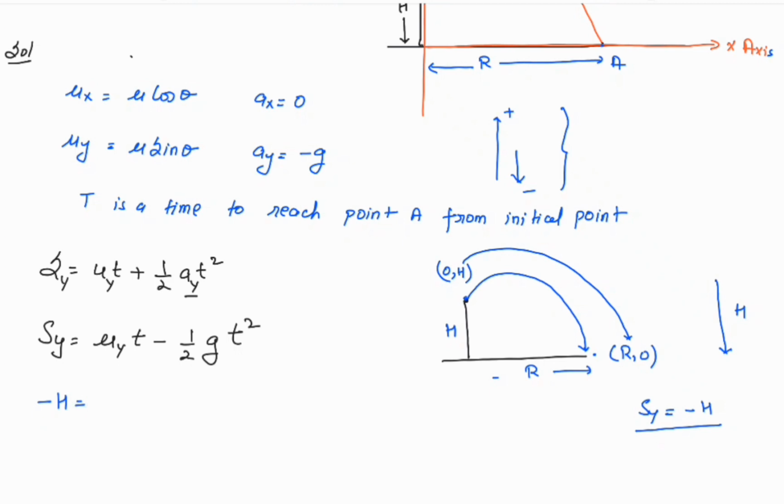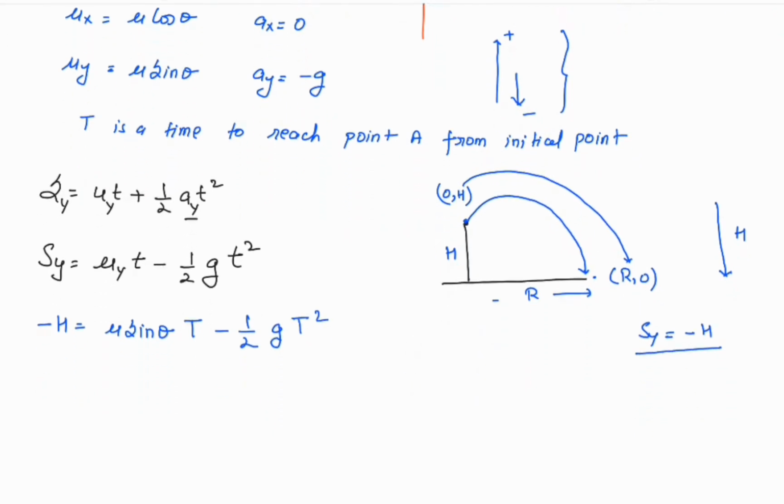What is u of y? U of y is u sine theta. T is the time to reach that point, minus half g t square. From here we can calculate the value of t.